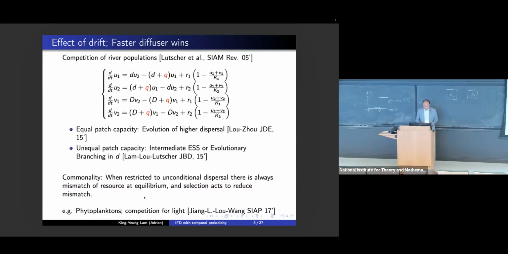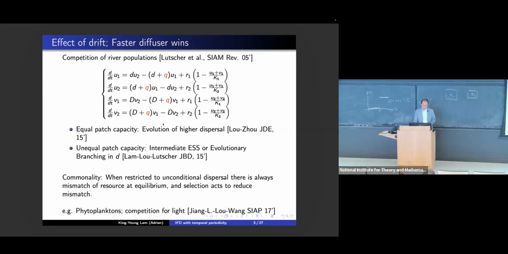One can also ask about the selection of diffusion rates in the presence of an environmental drift. Suppose the two patches are coupled by a drift with rate q from patch 1 to patch 2, which the species has no control over. The selection can go in different directions.